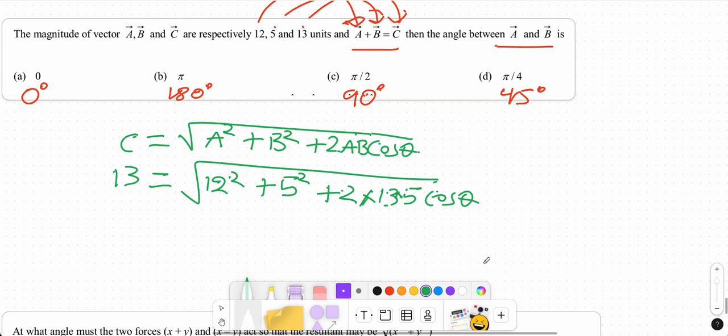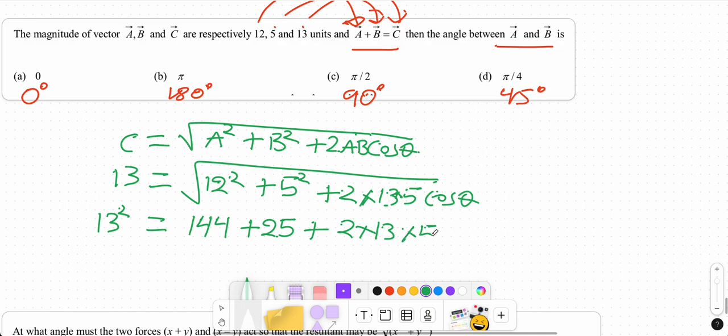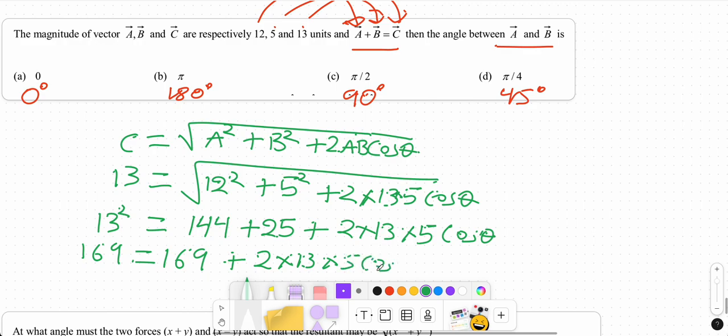So let me write root over, let me take it and write 13 square, 12 square is 144, 5 square is 25, 2 into 13 into 5 cos theta. 13 square is 169, 144 plus 25, 169 plus 2 into 13 into 5 cos theta.